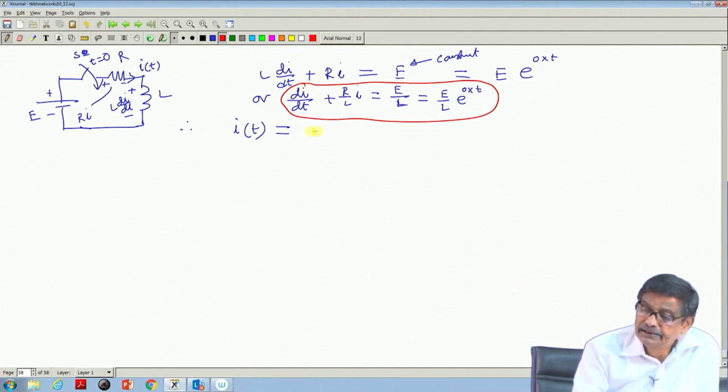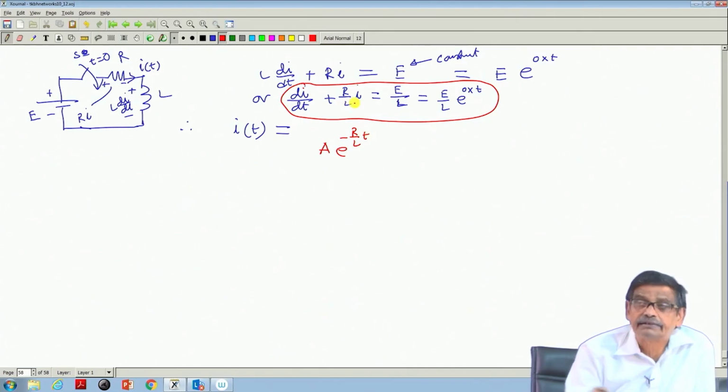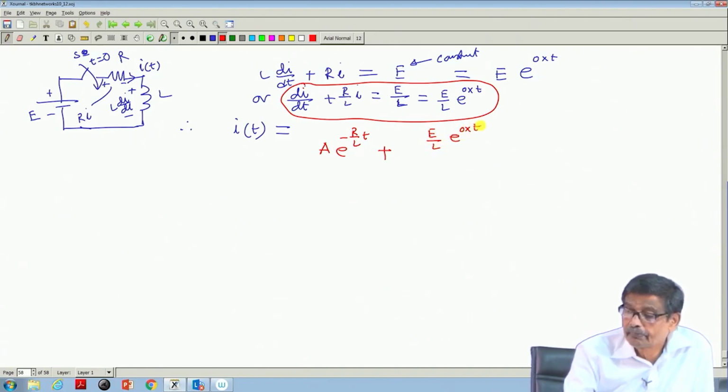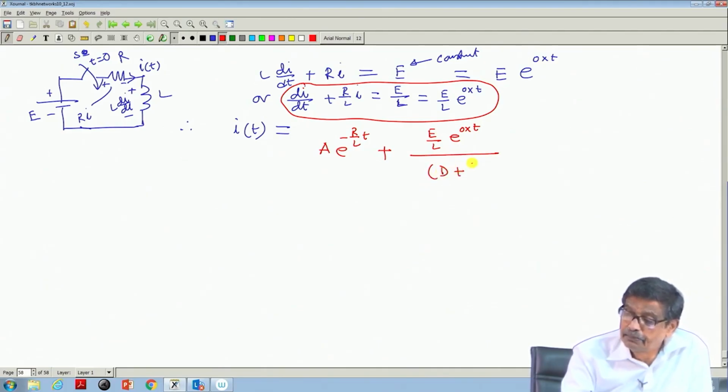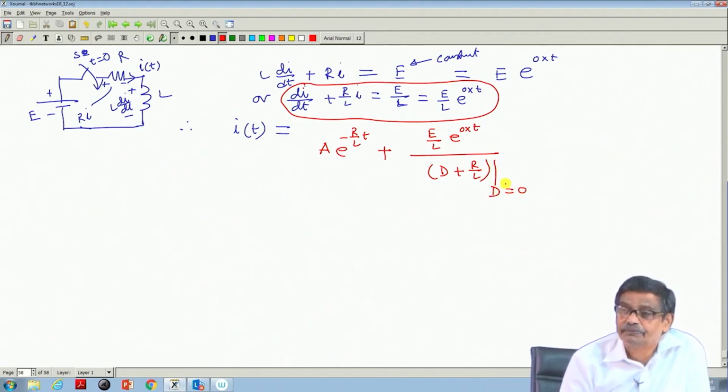Then you say I t will be equal to a into e to the power minus r by L into t, the characteristic root, plus E by L input, which is equal to E by L, e to the power 0, divided by d plus r by L, and for this value d you put 0.